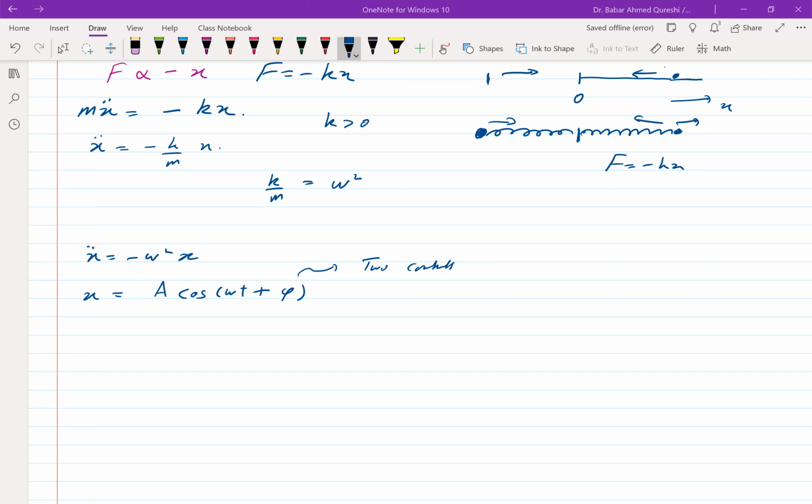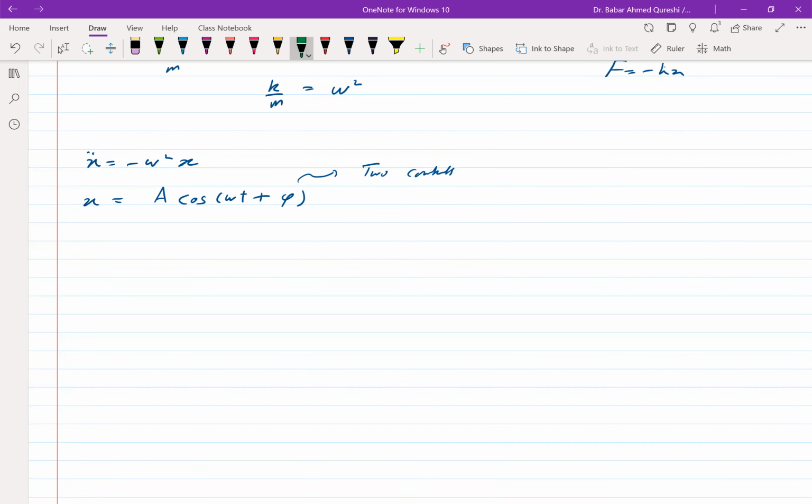So you have this solution, and what this solution is describing for you is that if I plot it, and I'm plotting omega t here, pi by 2, pi, 3 pi by 2, and 2 pi.